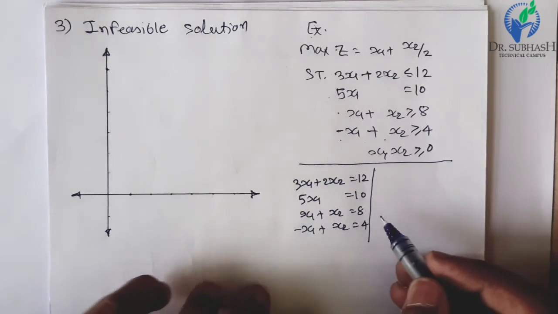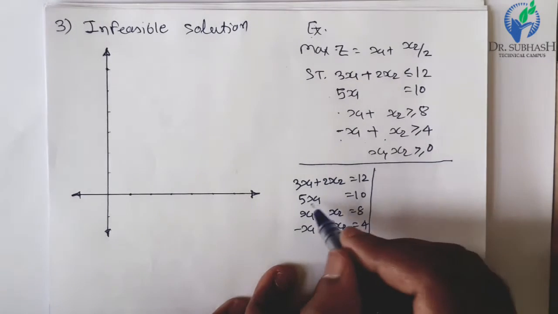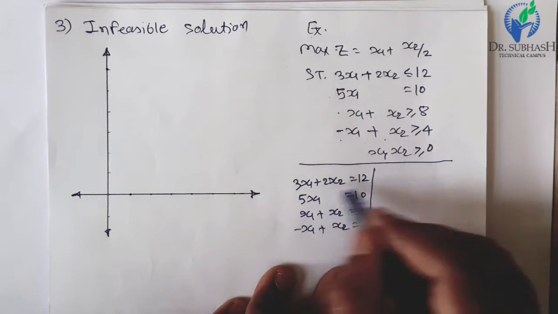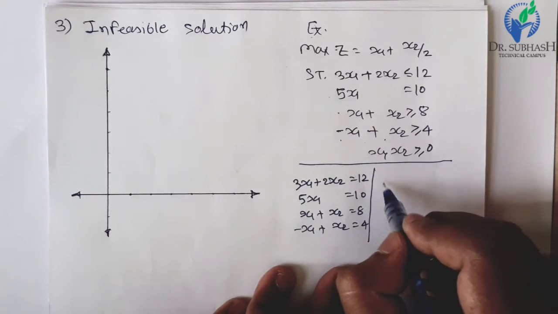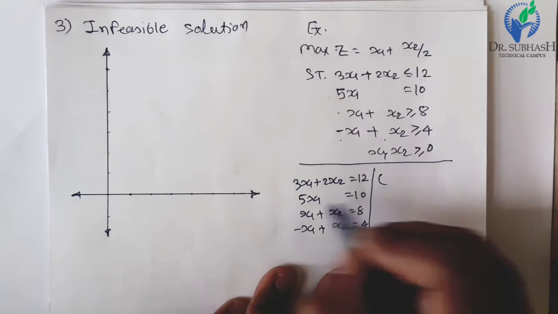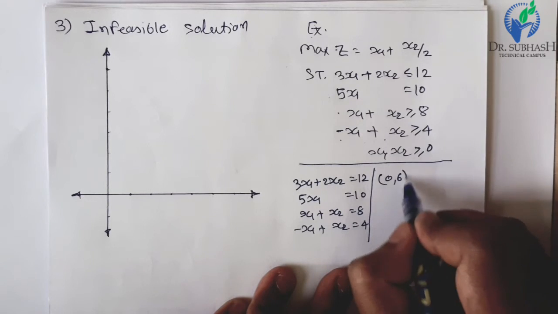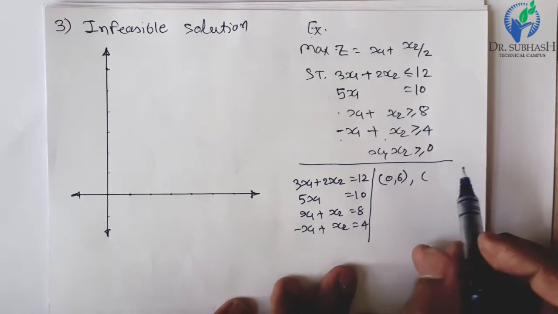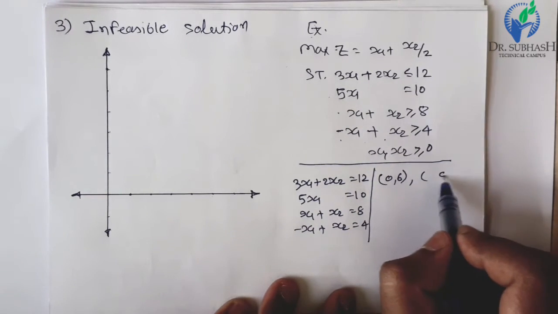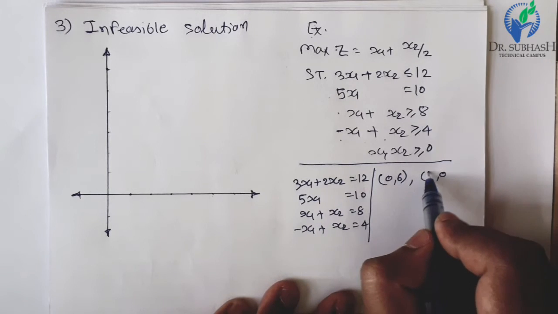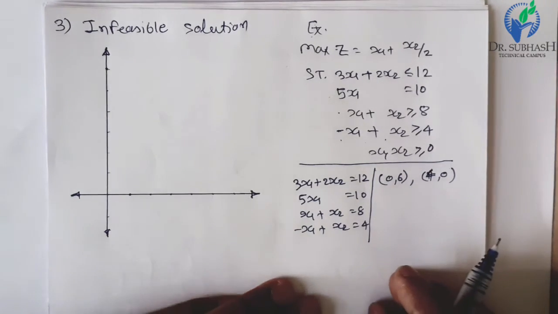Now calculate the coordinates of the points which lie on each equation. If we put x1 equal to 0, we get x2 equal to 6. For the second point, if we put x2 equal to 0, we get 4. Sorry, this is 4 for x1.